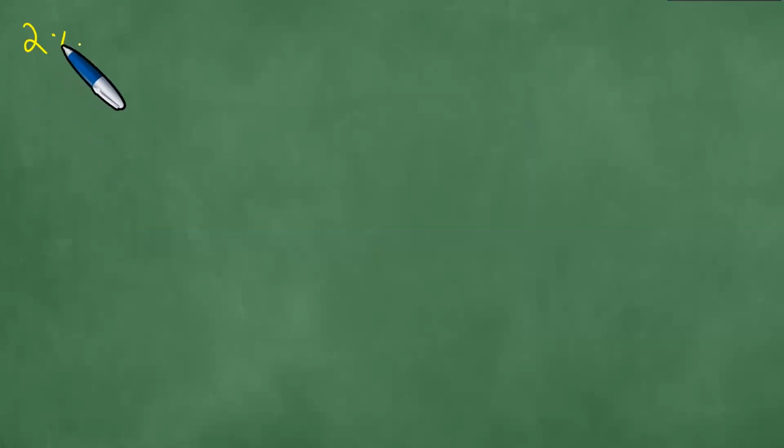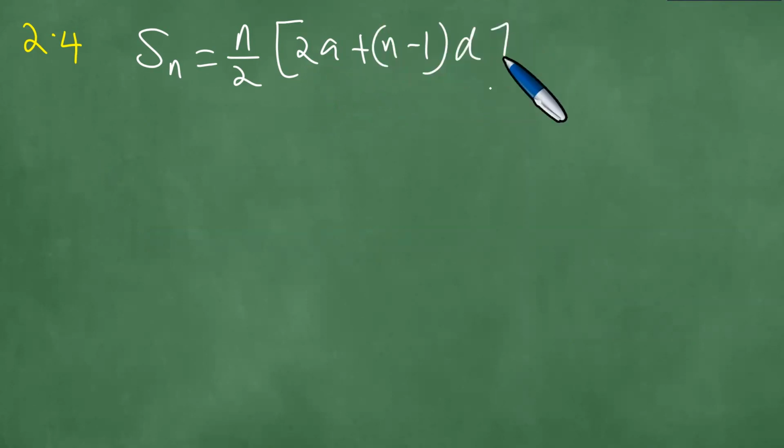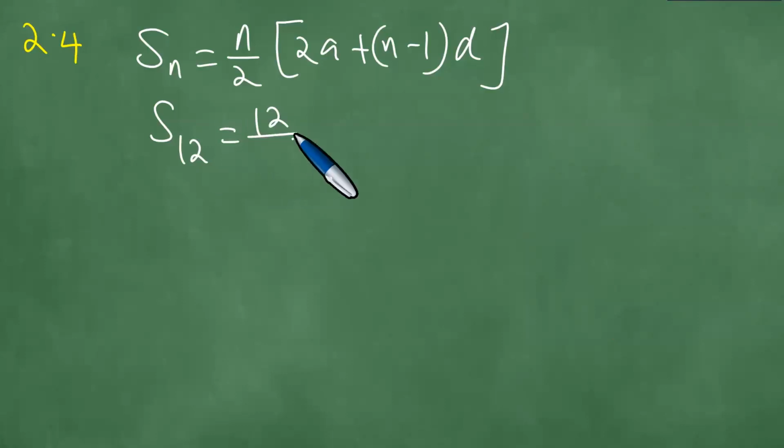2.4. So we're going to use the Sn formula, n over 2 times 2a plus n minus 1 into the common difference. So the sum of the first 12 terms, n is 12.